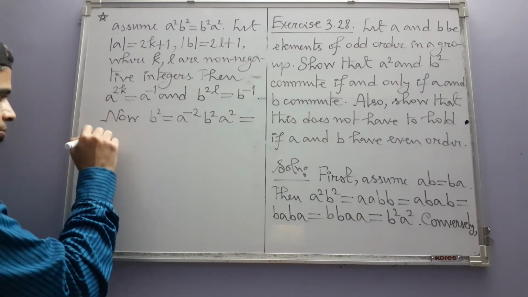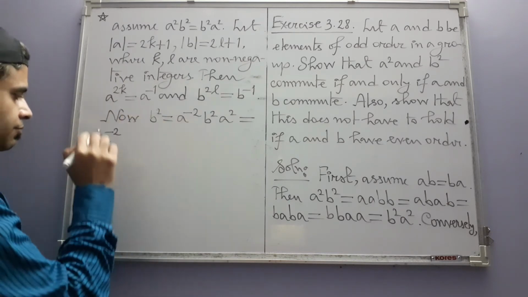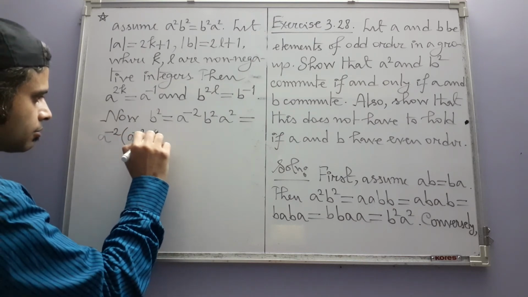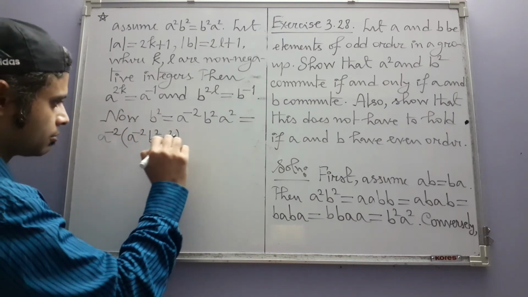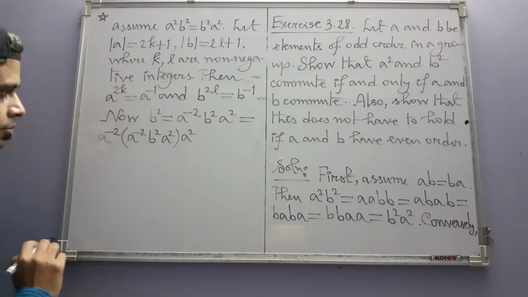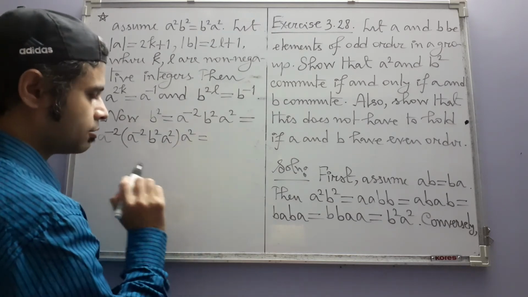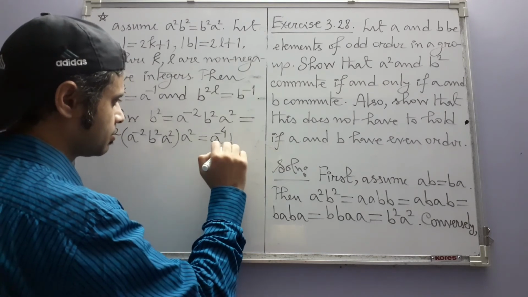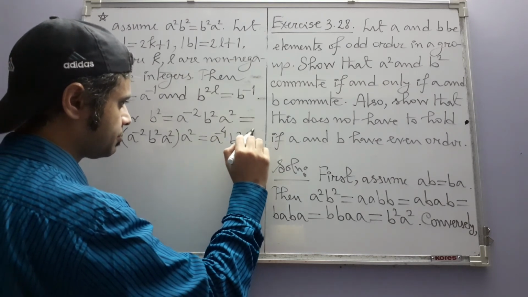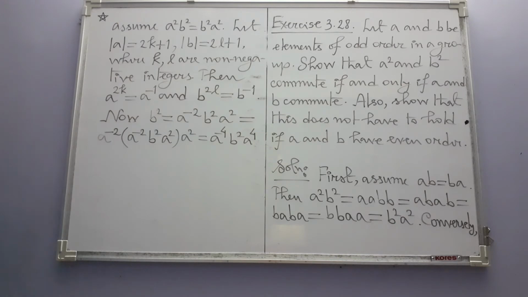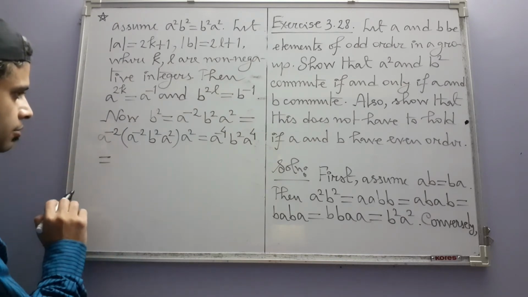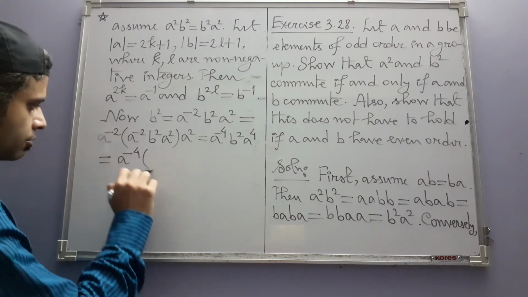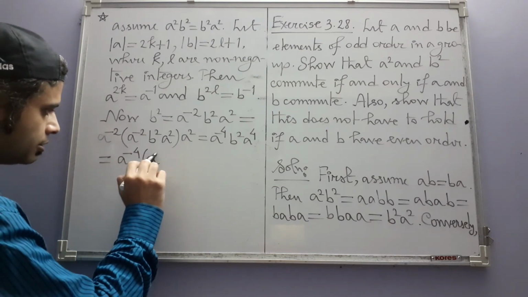That is, in place of this B square I can again write this, and then using the rules of exponents I have this. If I do it once more, I will have this. That is, let me just show how we are getting these things.